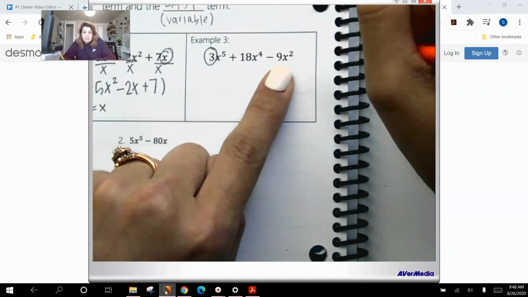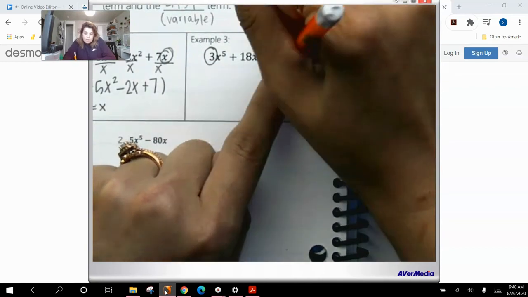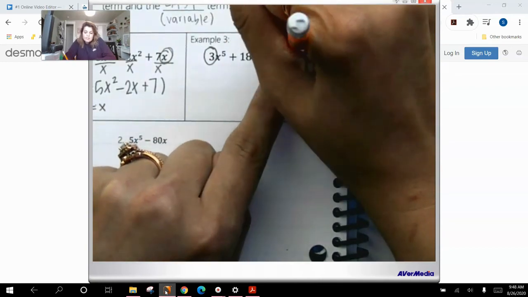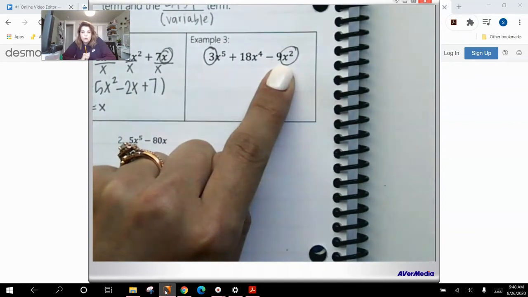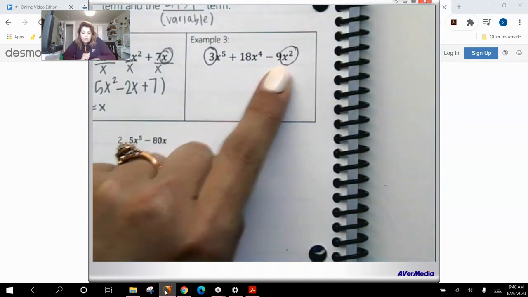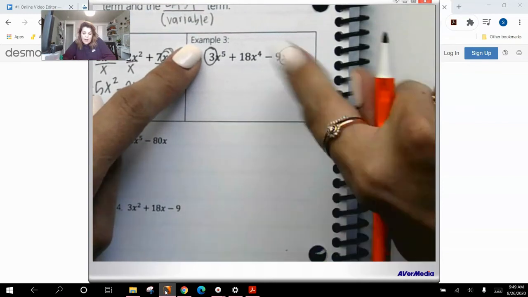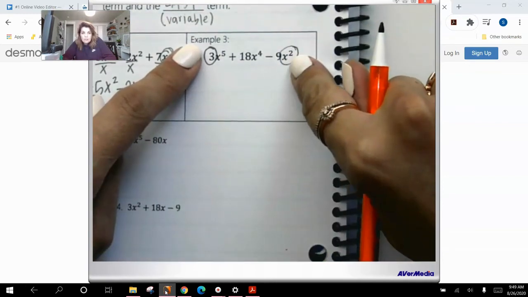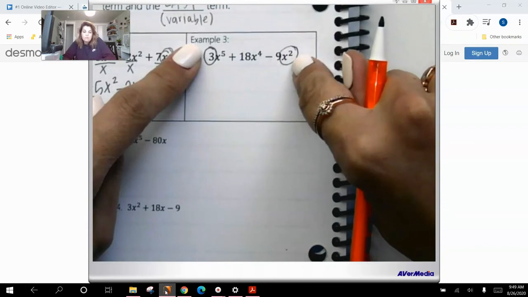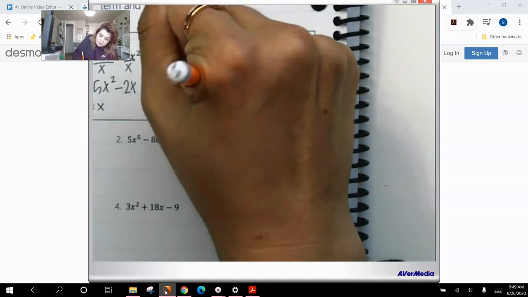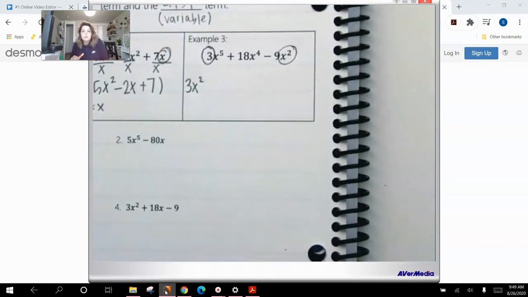Then I check my last term. I have 2 x's here, so I can take those out. So if you have a number on the front, you can usually factor that out. And if you have a letter on the end, you can normally factor that out. So what we're factoring out this time is 3x squared.